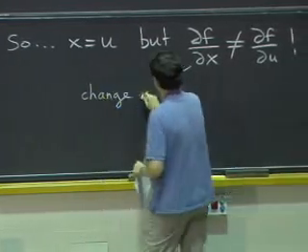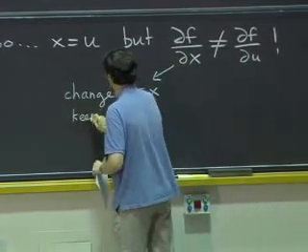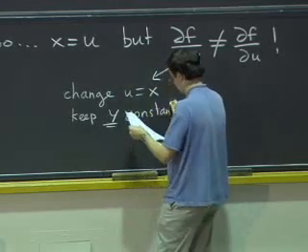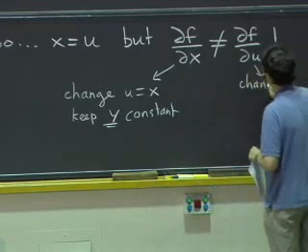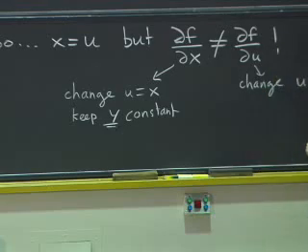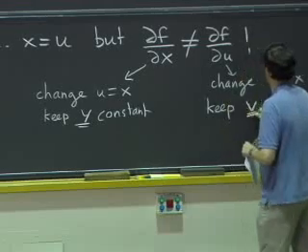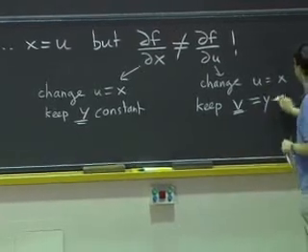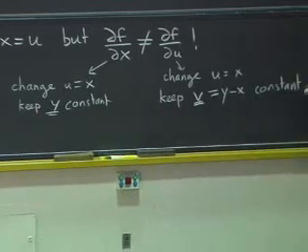Here we change u and x, they're the same thing, but we keep y constant. While here we change u, which is still the same thing as x, but what we keep constant is v, or in terms of x and y, that's y minus x constant. And that's why they're not the same.